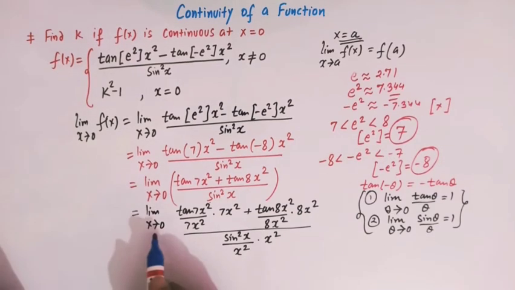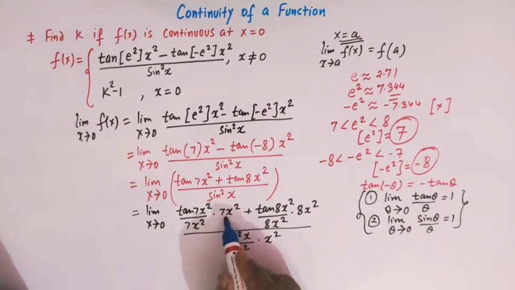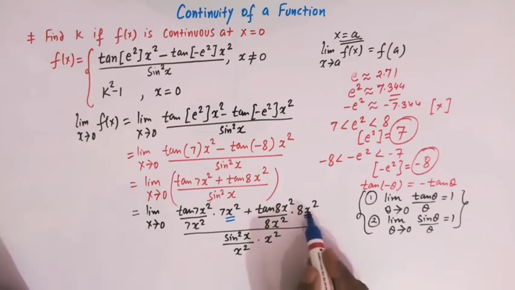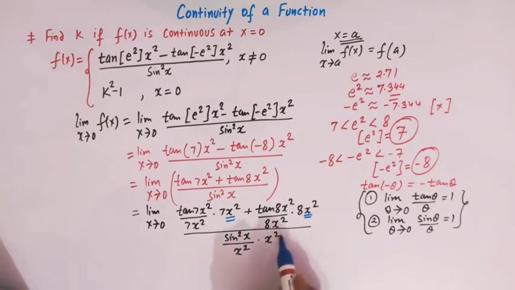So now we can see here, we can take this x square and this x square common, and this x square will get cancelled with this x square, right?